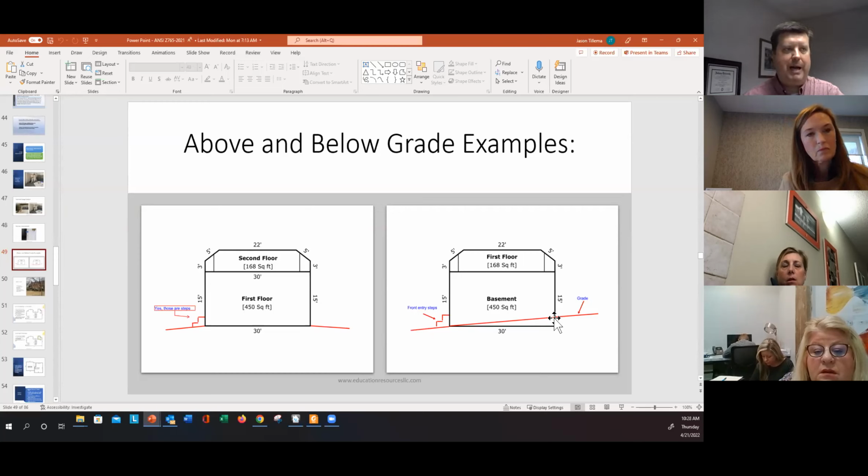My parents had a home similar to that where there were 3 bedrooms and 2 full baths in the basement, and there was only 1 bedroom, 1 bath on the main level. Majority of the time, they were in the basement. But per the ANSI standard, that lower level would not be included in the gross living area.